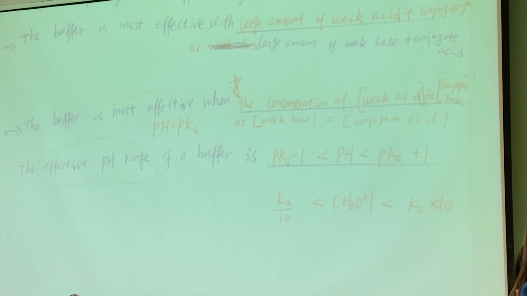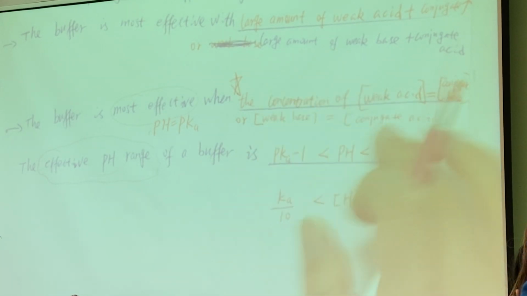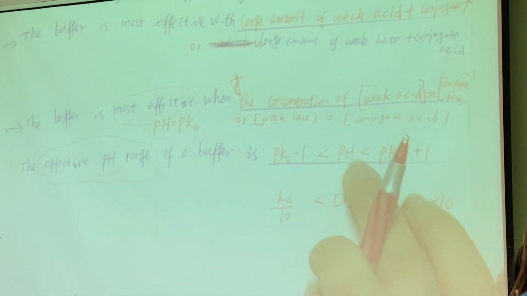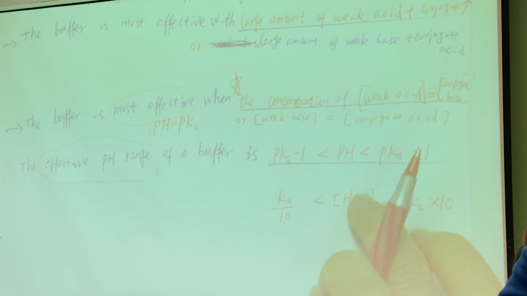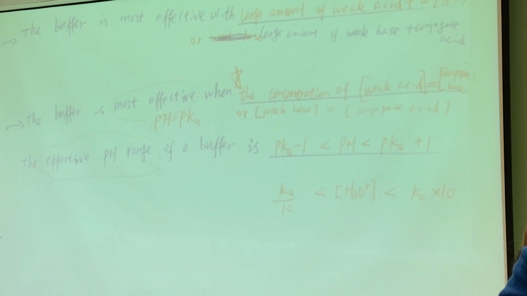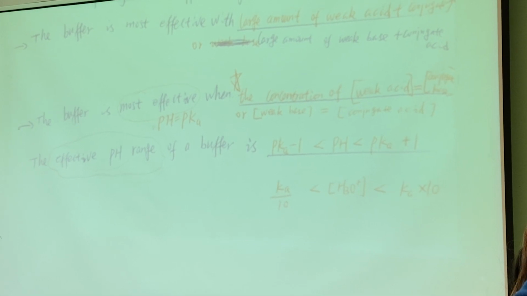For example, we'll give you some examples later. So any question here before we go through the examples? Okay. So the examples I actually picked from your worksheet. Somebody may already work on that.